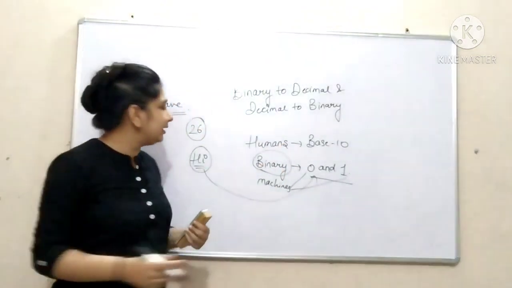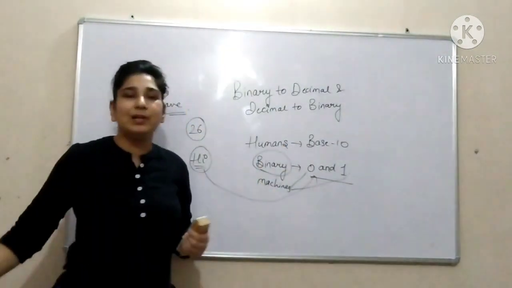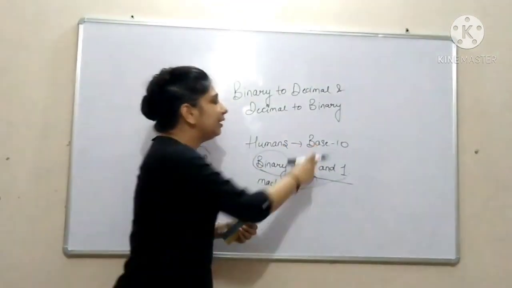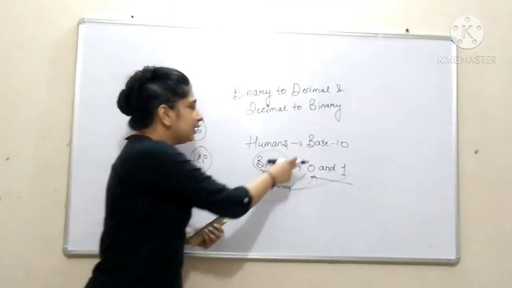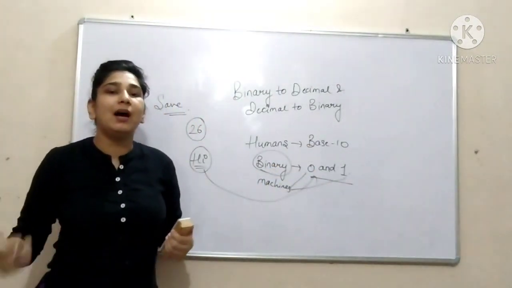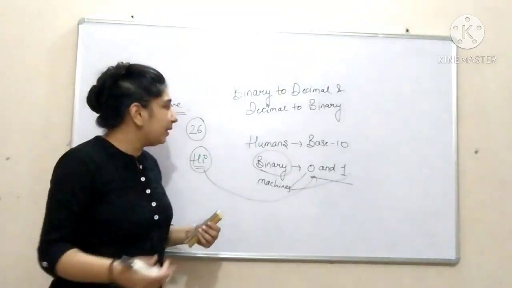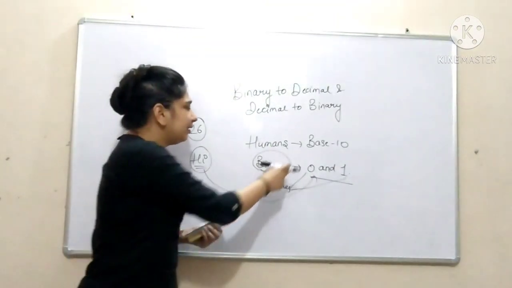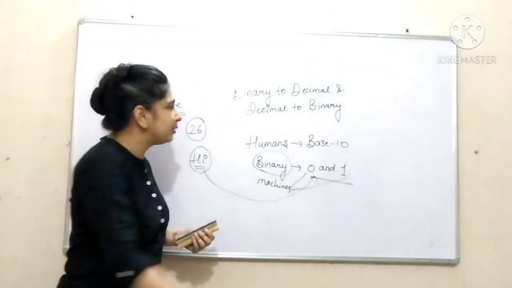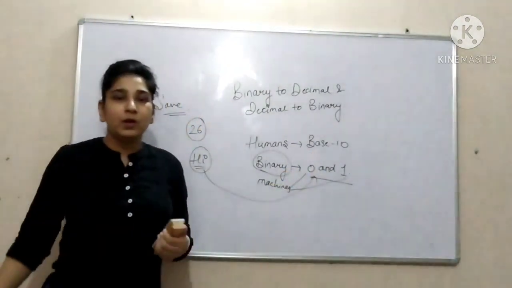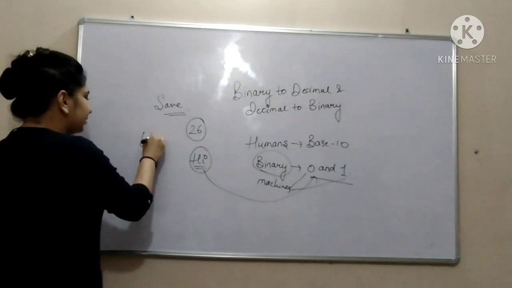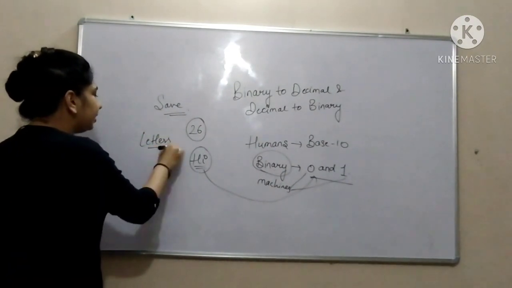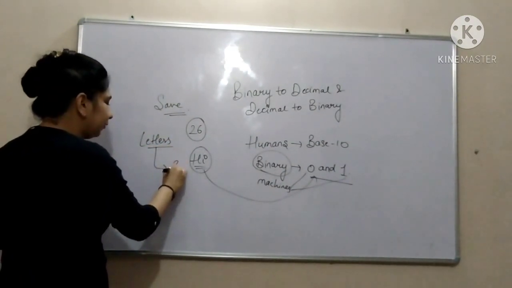But now I want to save my letter into the hard disk, and the computer can't understand a high level language or the decimal number system. So we are converting the letters written in our document into binary form.